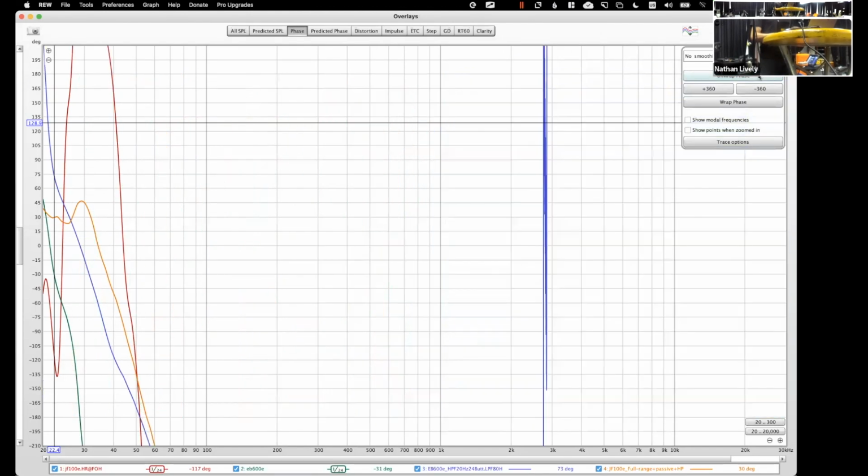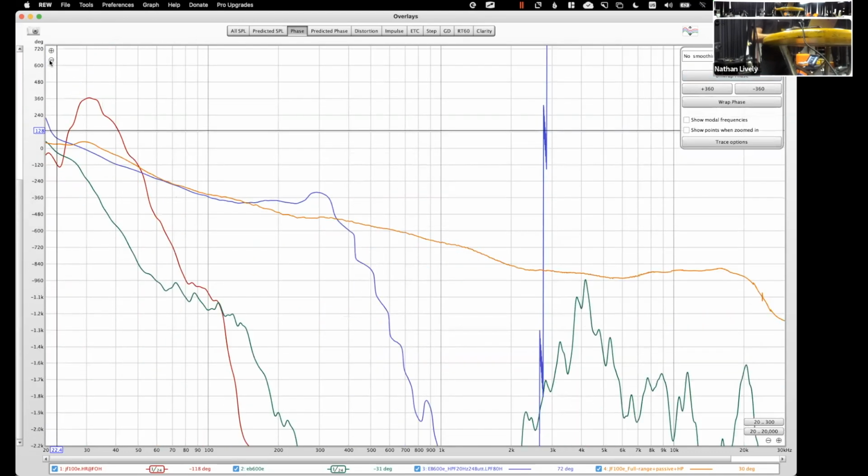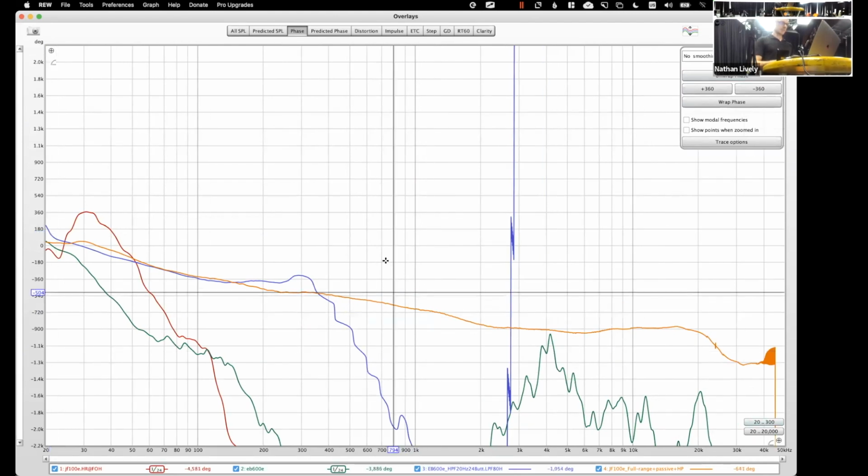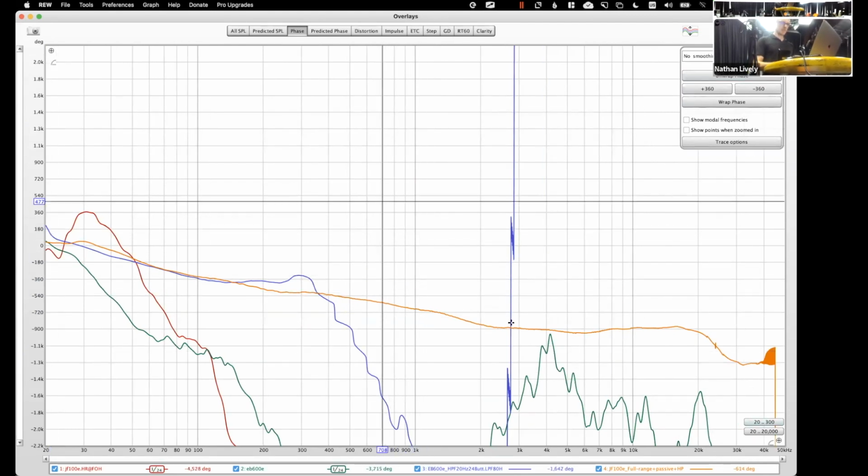So unwrapped phase. And then it can be helpful to try and shrink this, right? And we can see that it sort of falls apart here. So what you do to make these all line up is that you solo one of them.